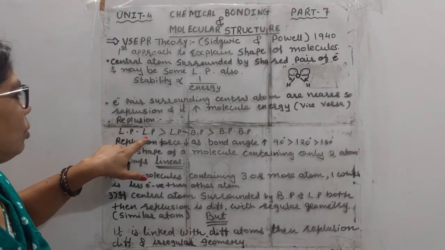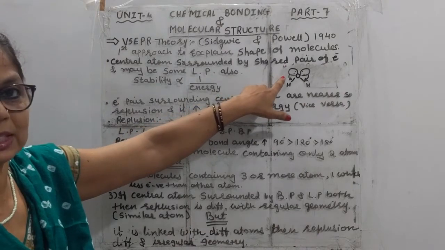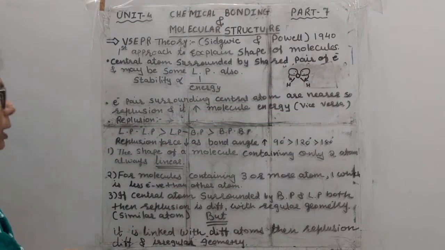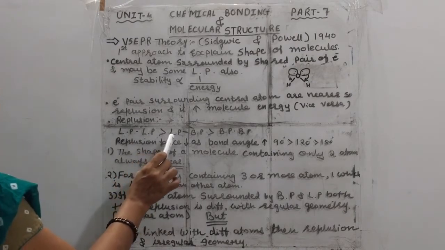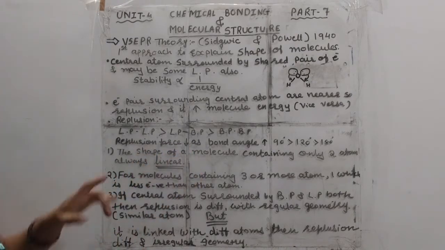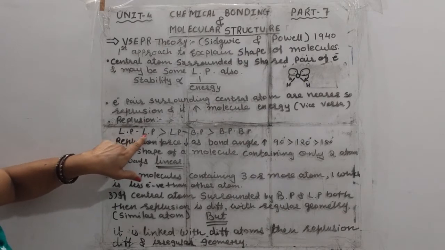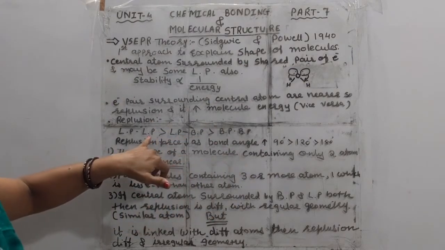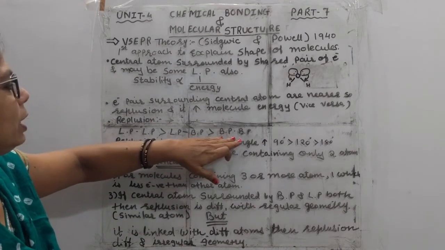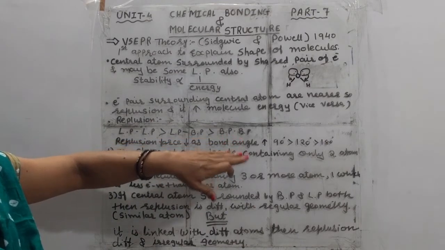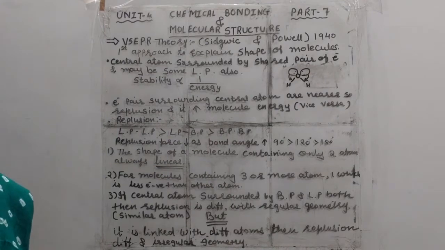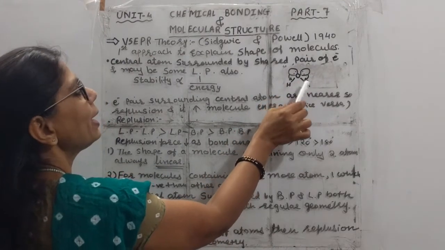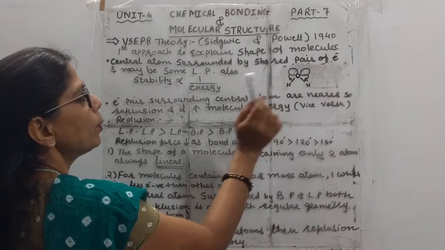The lone pair repulsion is maximum because like charges repel. Then the next is lone pair bond pair repulsion, means maximum is lone pair lone pair repulsion, then lone pair bond pair repulsion is a little less, and bond pair is having the very least repulsion here, because both pairs are shared with the bonded atoms.